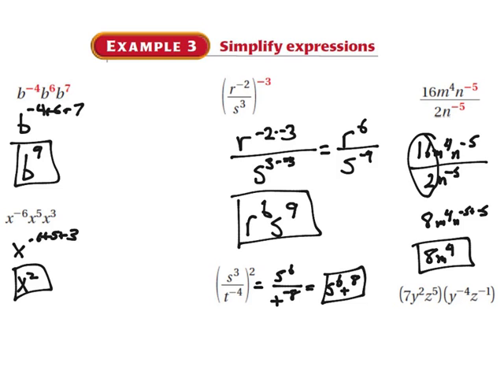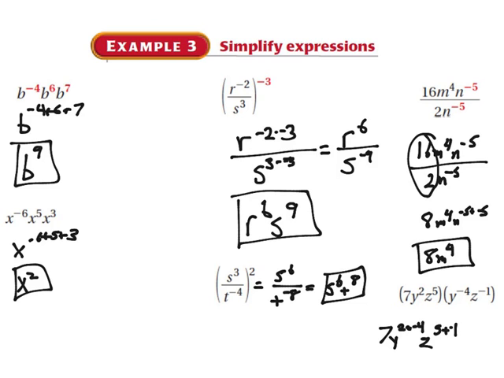Okay, last one here. Again, we're multiplying here. 7 times 1 is 7. Okay, y squared times y to the negative 4th would be y to the 2 plus negative 4. And z, and then 5 plus negative 1.